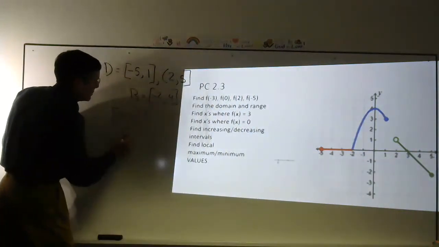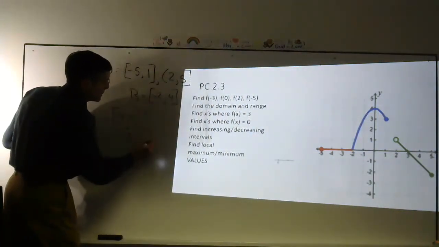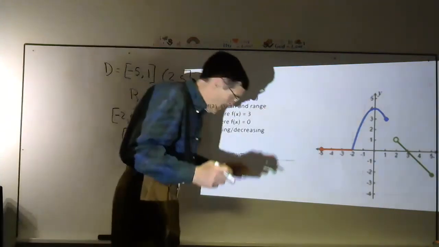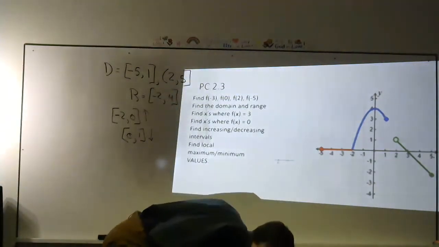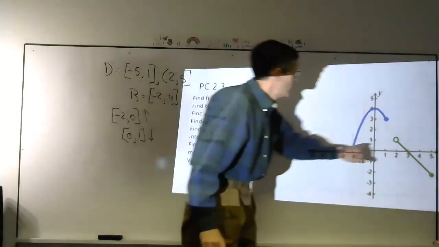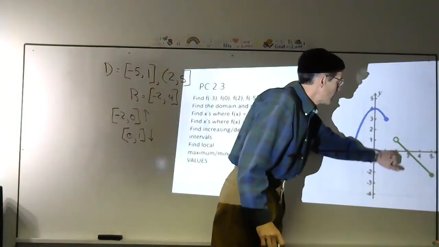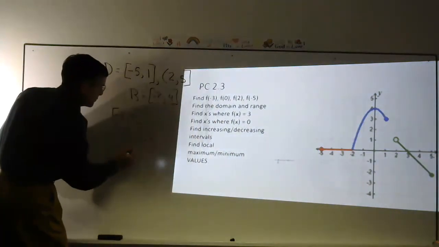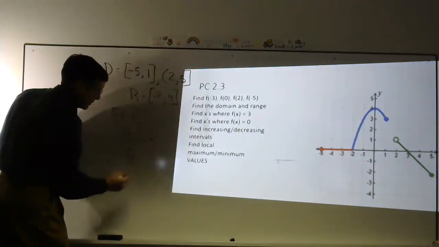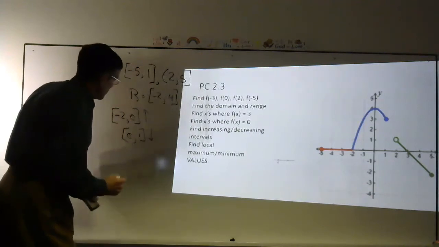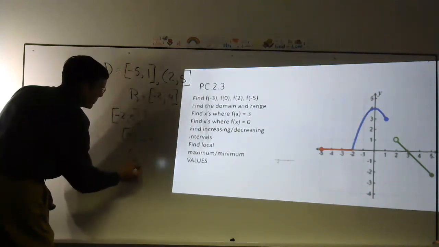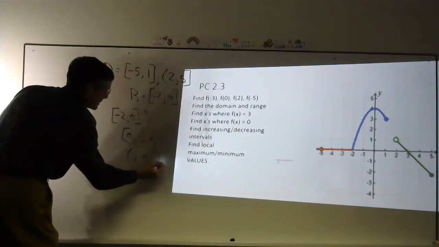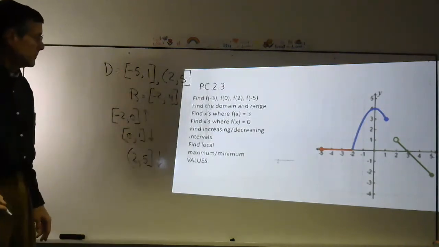So 0 to 1 going down, and then, excuse me, from 2 parenthesis to 5, it's going down. So from 2 parenthesis to 5 bracket, it's still going down.